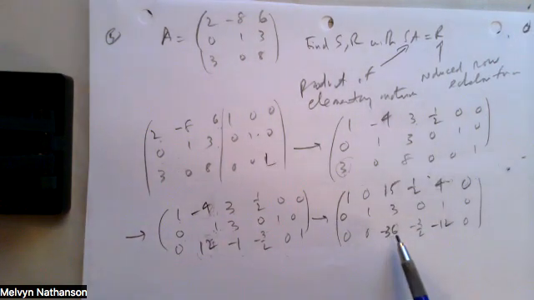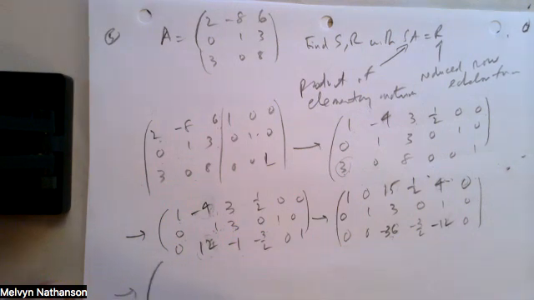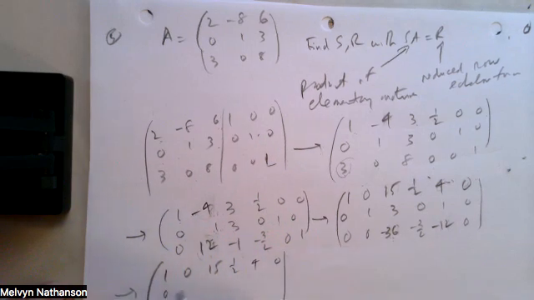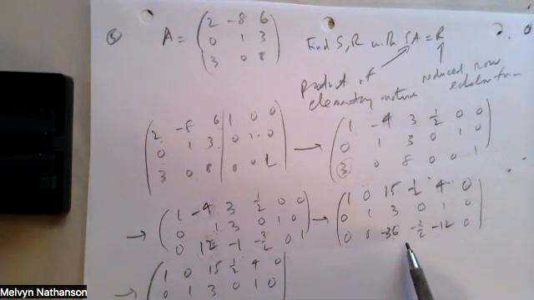Then I want to get 1 here. So I divide this row by minus 36. I'm going to get 1, 0, 15, a half, 4, 0, 0, 1, 3, 0, 1, 0, 0, 0, 1. So 3 over 36 and over 12. 12 times half is 1 over 24. Minus 12 over minus 36 is a third.